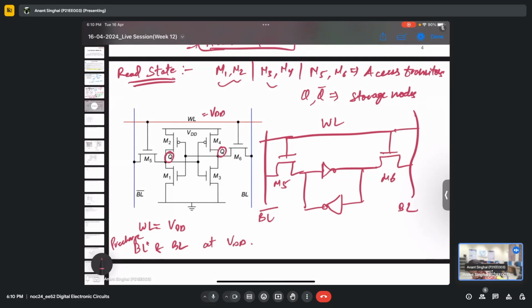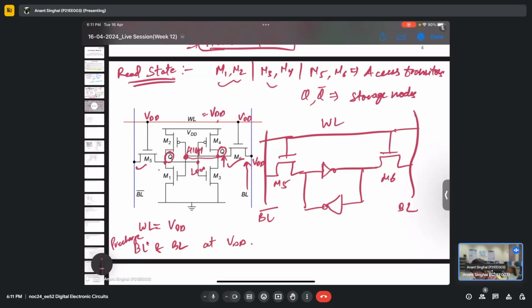So now what will happen? I'll go again in brief. We have applied a VDD here, and if you pre-charge, we also have a VDD here. If you pre-charge this BL to VDD, this transistor will conduct and this transistor will also conduct. Once we have a high voltage here, the input of this will become low, and once we have a low voltage here, the output, sorry, since this is low, this also becomes high.